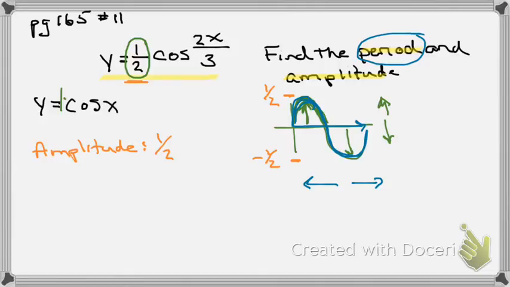So it's like, what's multiplying the x value that's inside of cosine? What's multiplying the input? What is b there? What's changing the x values?